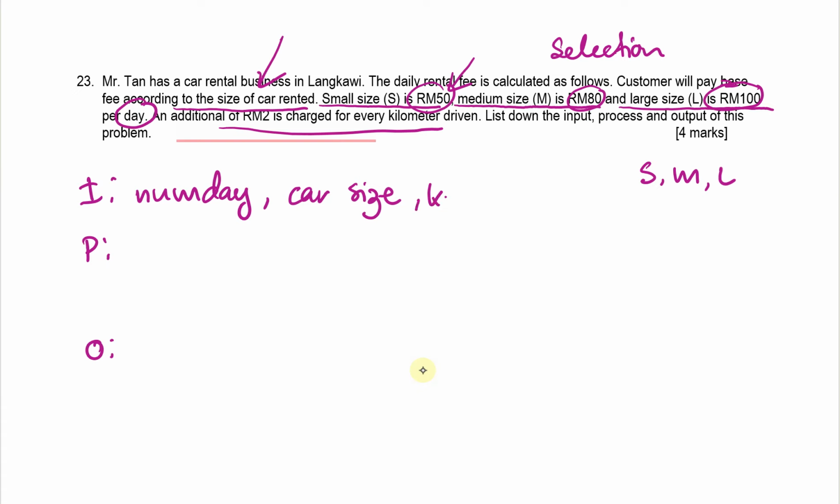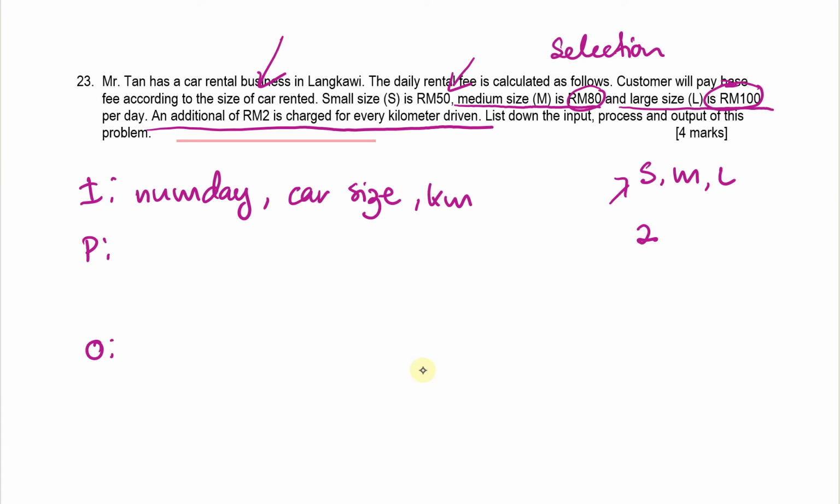Your input here is kilometer, because the question says that an additional 2 ringgit is charged for every kilometer driven. So let's say you book car size S and number of days is 2, and let's say your kilometer driven is 100, so you just add.